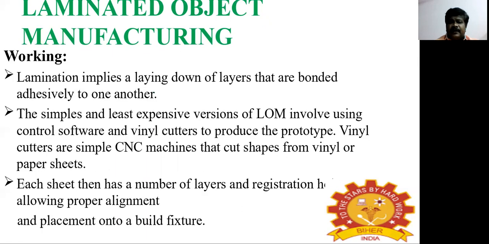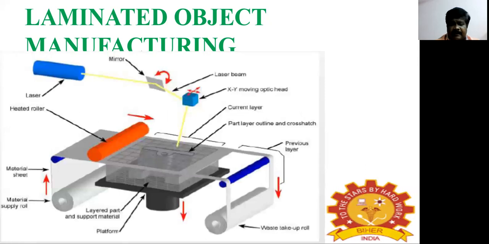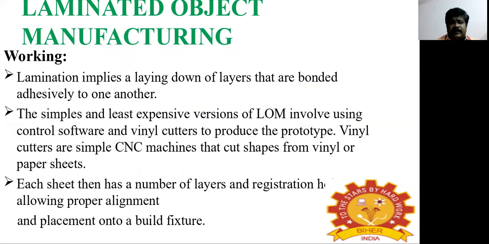In LOM, the lamination implies the laying down of layers, which are bonded adhesively to one another. You can see in the figure how the layered part and support material are bonded layer to layer. There are also least expensive versions of LOM, where we use control software and vinyl cutters for producing the prototype.